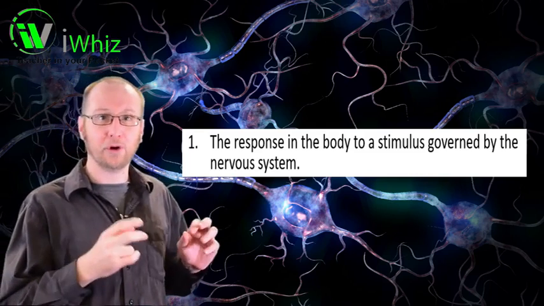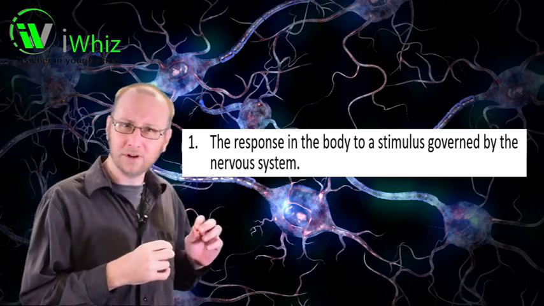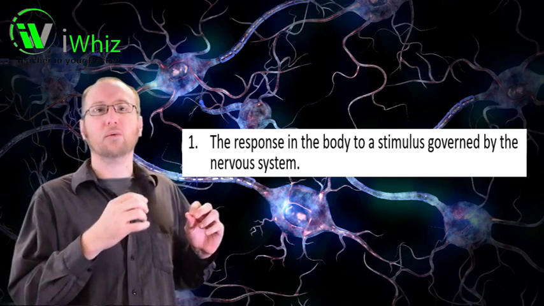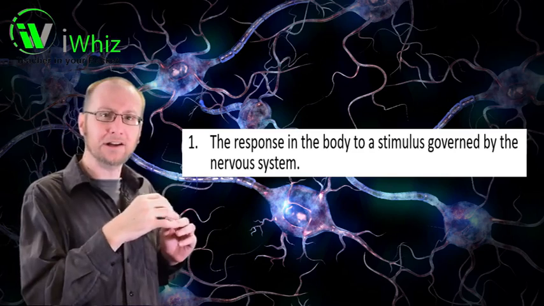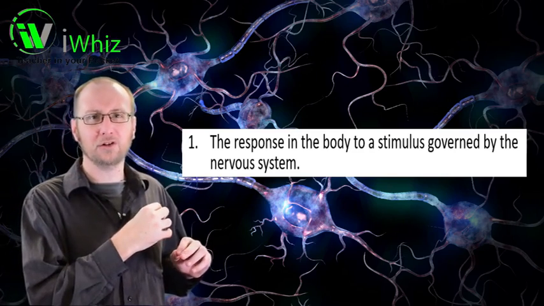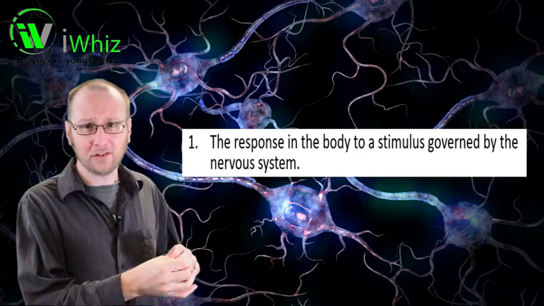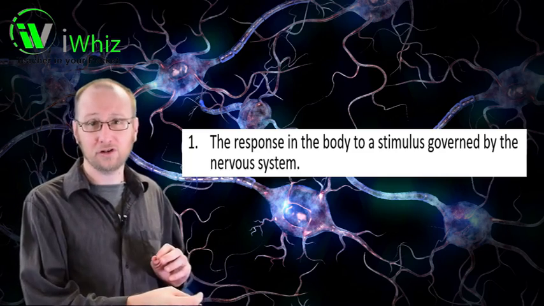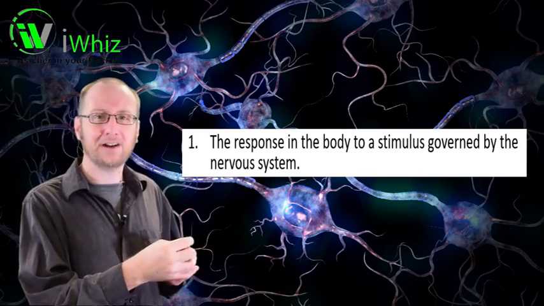So the motor function of the nervous system is the carrying of an impulse from the central nervous system to the effector organs via the efferent neurons that bring about a response.